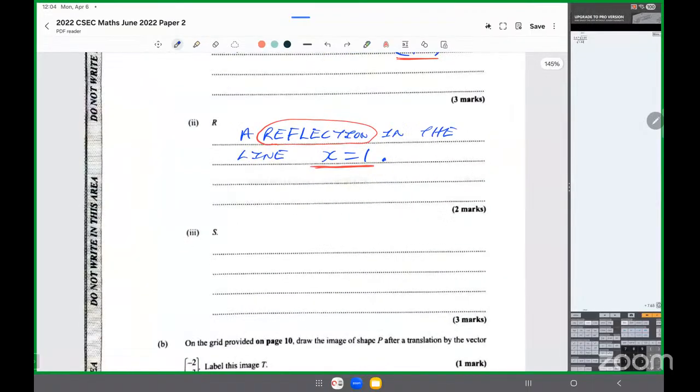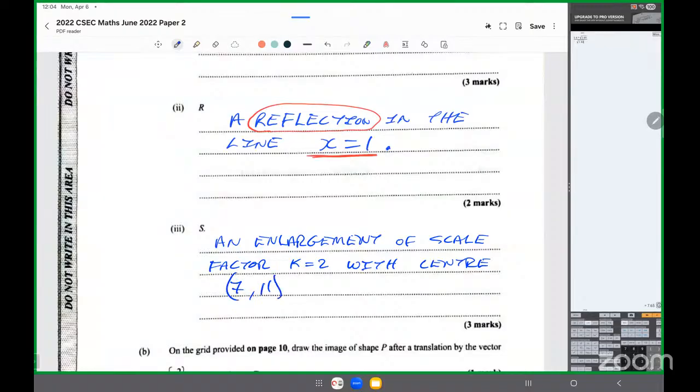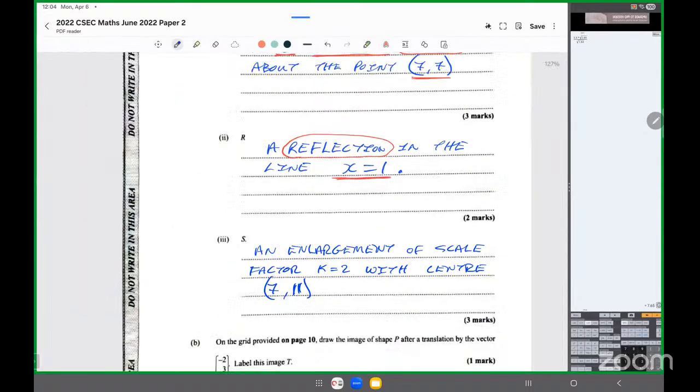So down here, we have an enlargement of a scale factor 2, I can just write 2, with center 7, 11. We'll say about the center 7, 11.